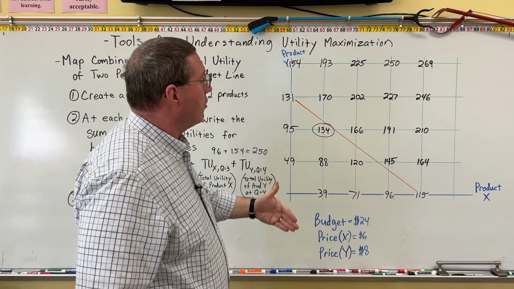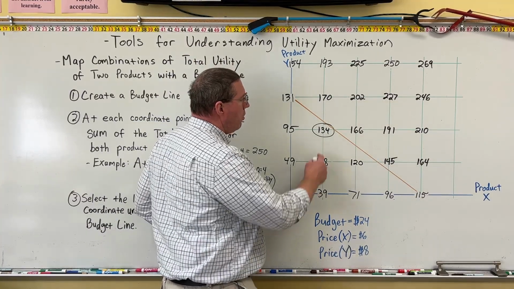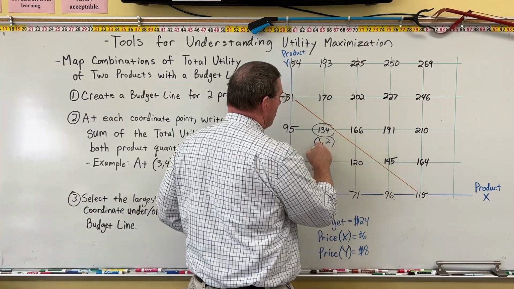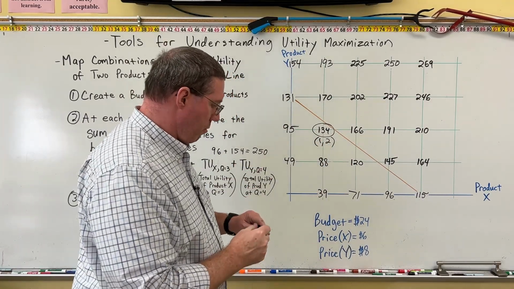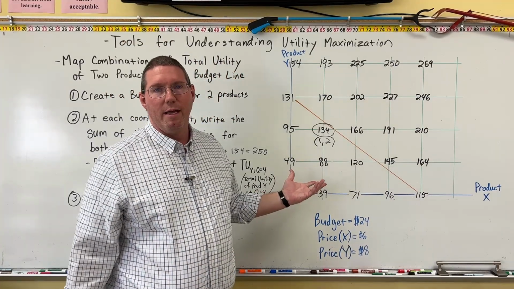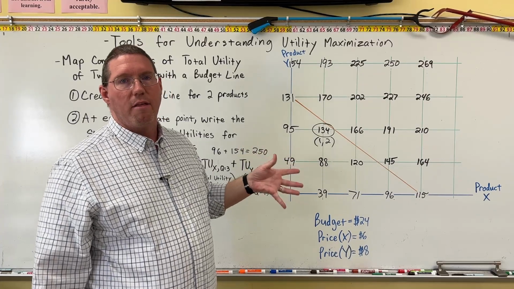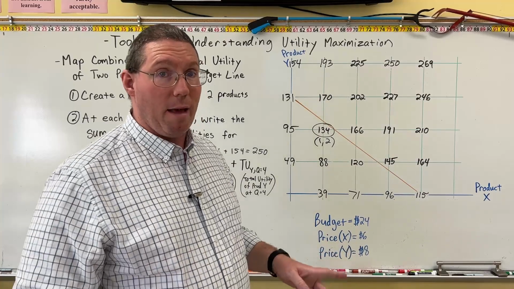And what would they have to consume in order to get 134 utility? Well, this is the coordinate 1, 2. So that's 1 unit of X and 2 units of Y. Now obviously we don't actually do it this way in regular life, but this is a mathematical way to understand something that's not happening mathematically.